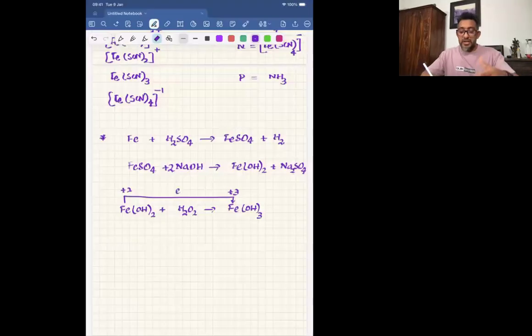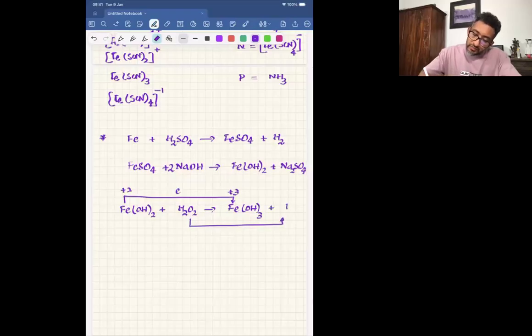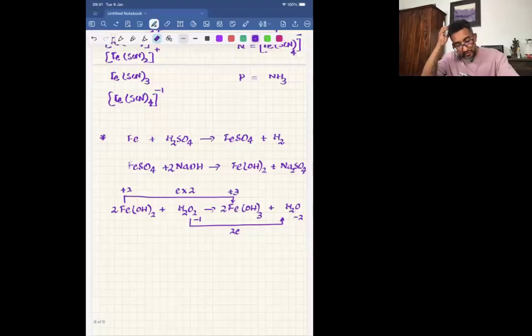So it's oxidation. Hydrogen peroxide should undergo reduction and turns into water. So this is -1, -2, so 1 electron, 2 electrons. So multiply this by 2.